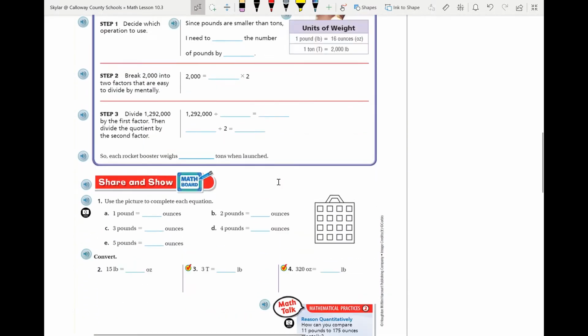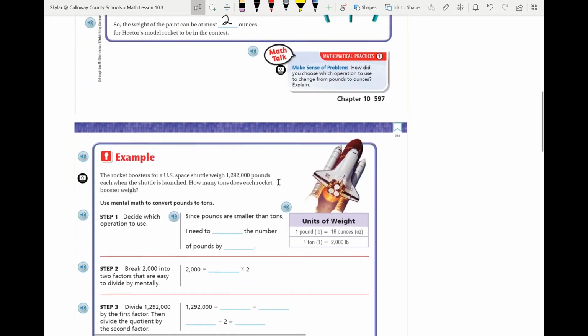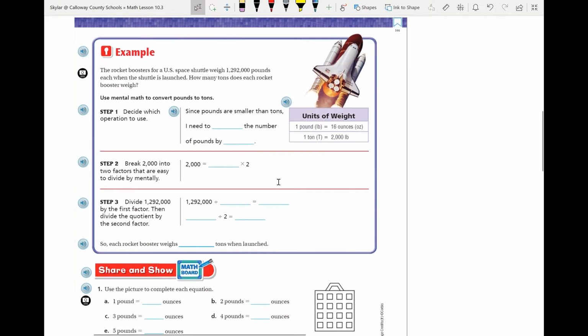So I'm going to finish up this page with you, and then I'm going to toss you all out on your own. These aren't too bad. So each rocket booster for a U.S. space shuttle weighs 292,000 pounds. How many tons does each rocket booster weigh?